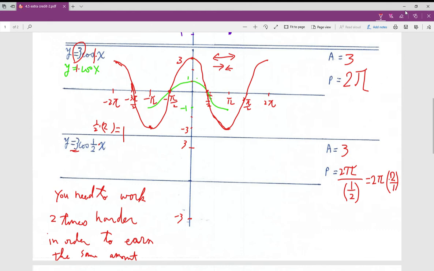So for example, this is 0 degree or radian is 0, so you didn't do anything. But in order to earn the same graph, you need to work double. So this one goes to here.